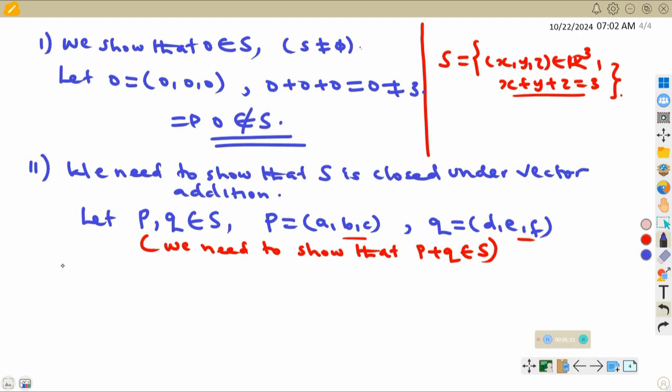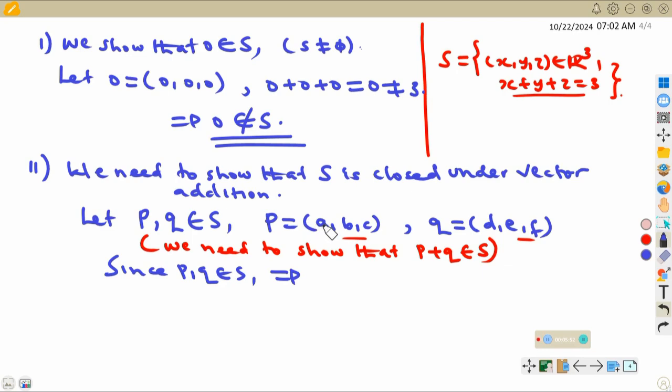This implies that P and Q satisfy the given condition of S, which means their components satisfy this condition.